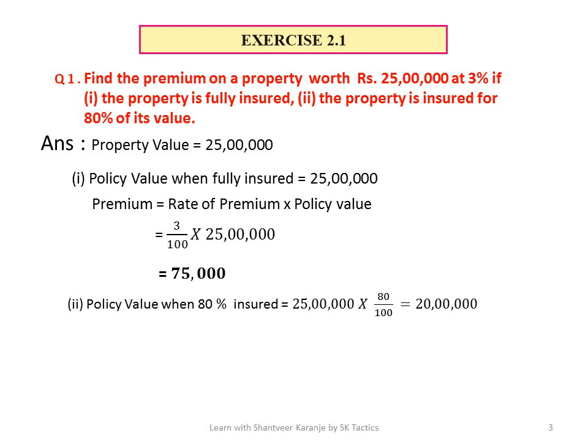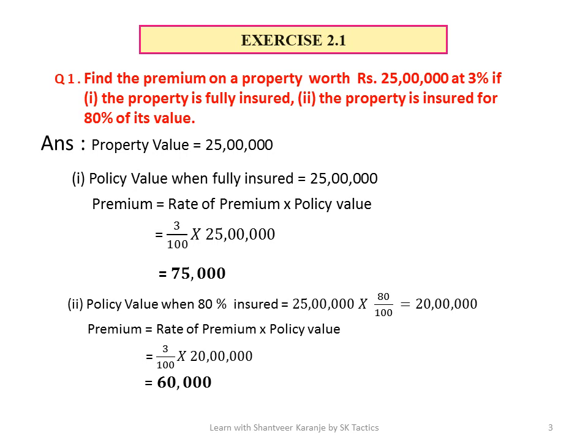This is the policy value on which premium will be calculated, and the rate of premium is the same for both cases. So 3 by 100 into 20 lakhs gives the final answer 60,000. So for 80% insurance he needs to pay premium 60,000, and for full insurance he needs to pay 75,000.